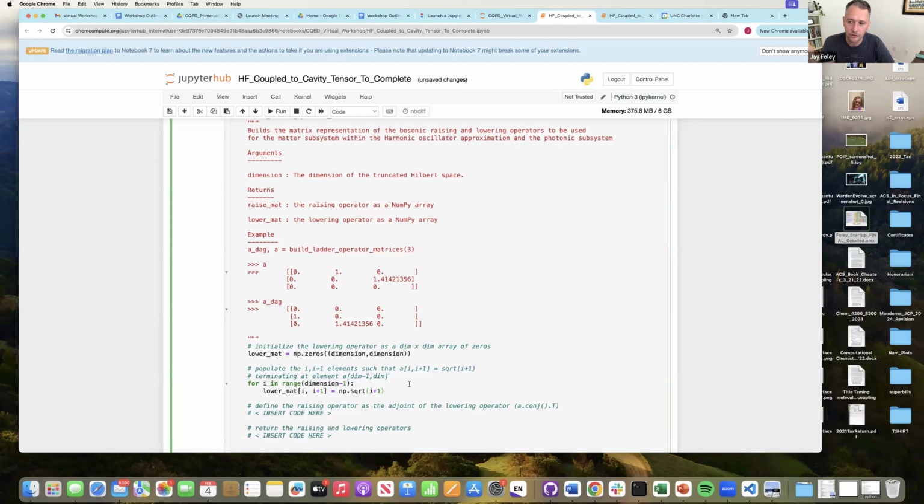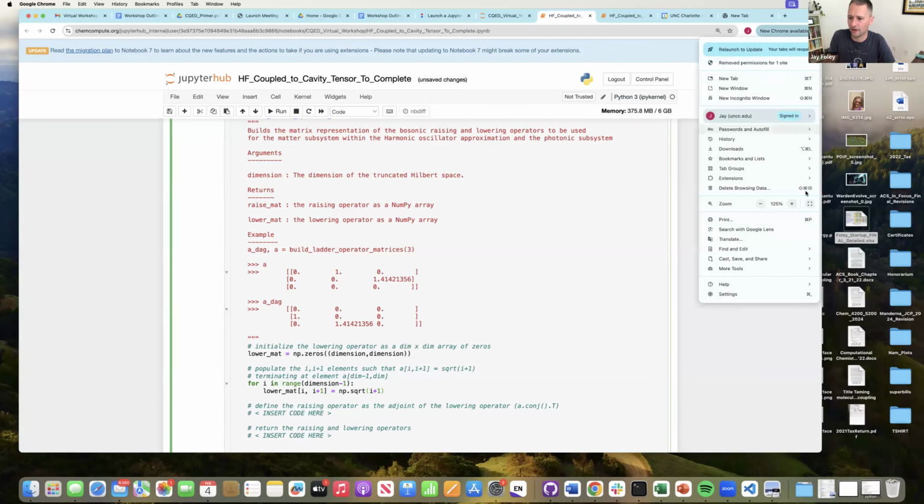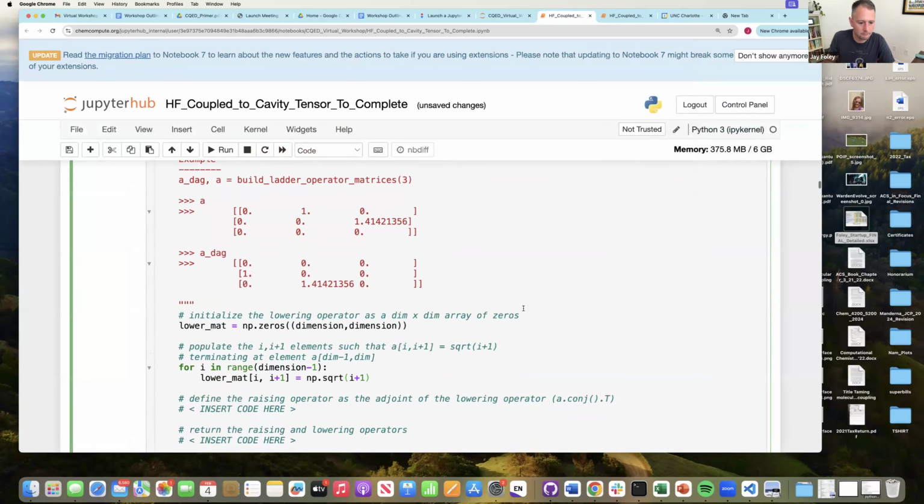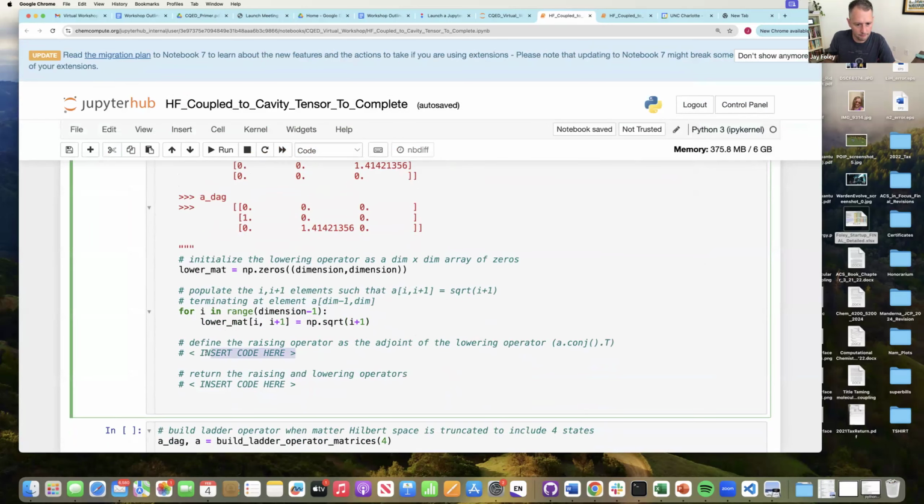So I could just take the adjoint of the lowering matrix and store it to a new matrix, which I'm going to call raise mat, for the raising operator. So let's do that. In this line, I'm going to say raise mat is equal to lower mat.conj().T.